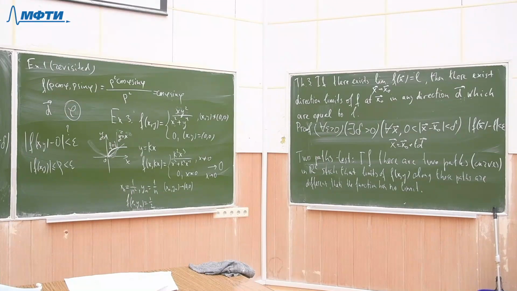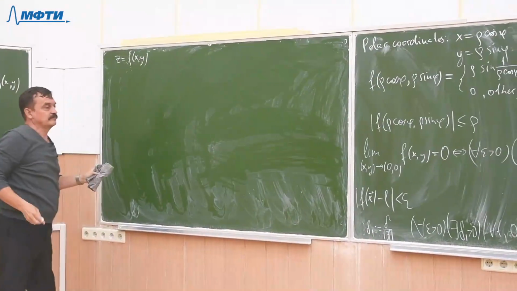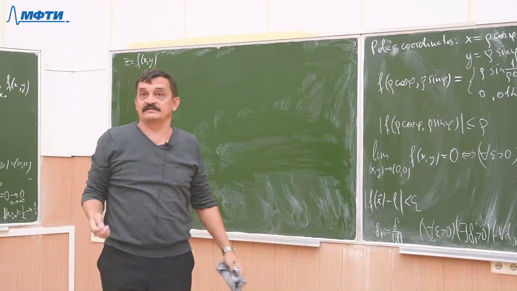more geometrically. So what do we have? If we are talking about a function of 2 variables, then we can imagine the picture a little bit. For a more general case, it's impossible, of course, but if we have a function of 2 variables that equals f of x, y, that is the model case, right?